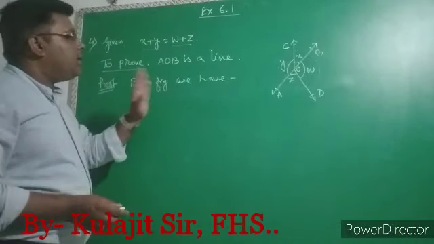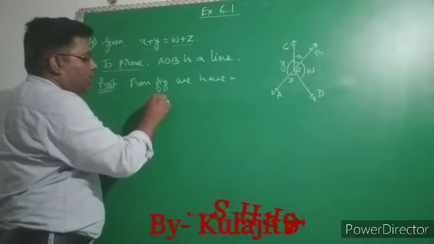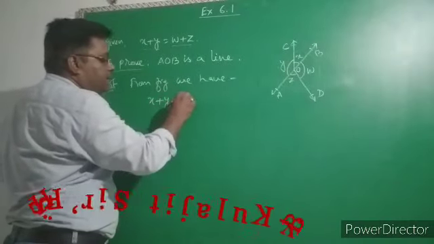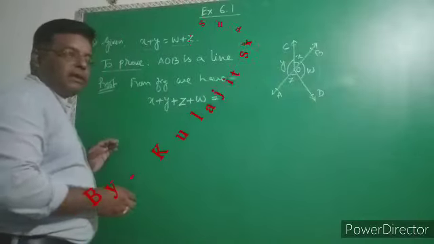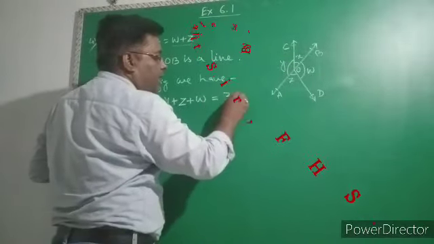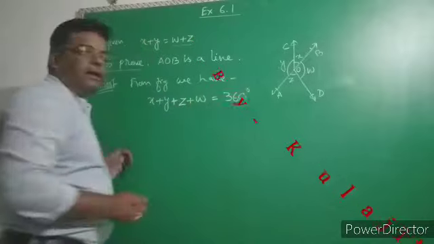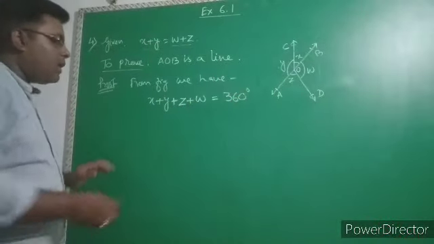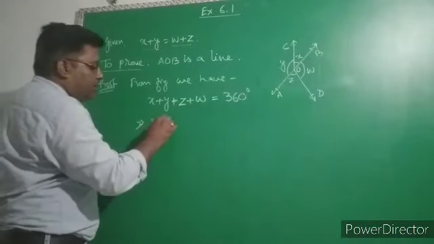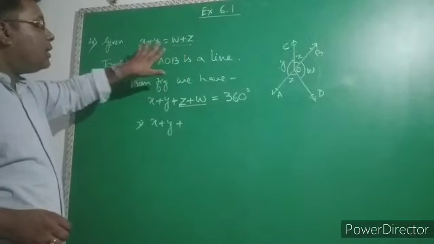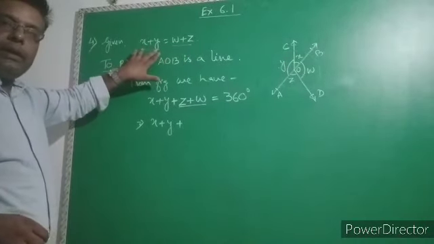That is, from the figure we have X plus Y plus Z plus W. If we add all this, we get 360 degree. Now, in place of Z plus W, or W plus Z, which is the same, we can put X plus Y again.